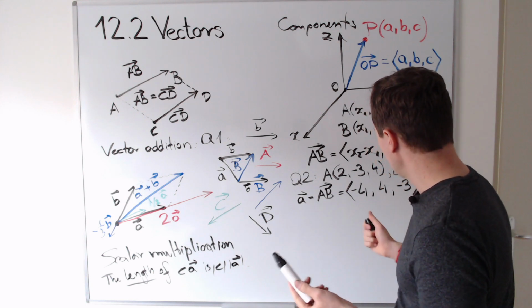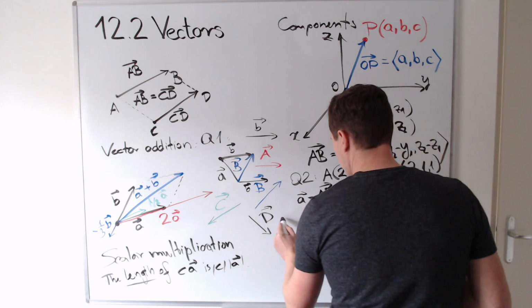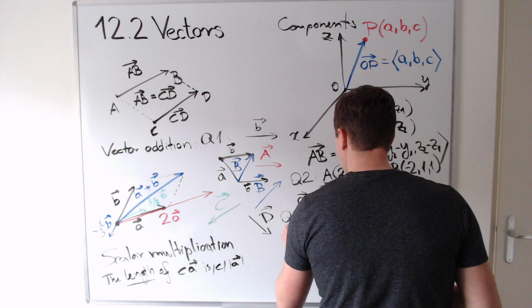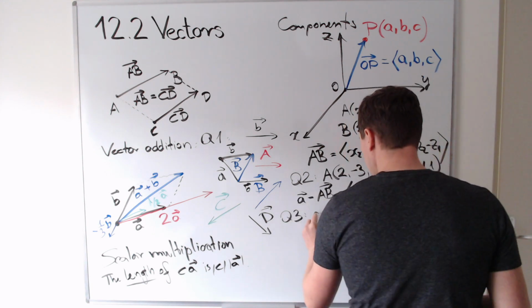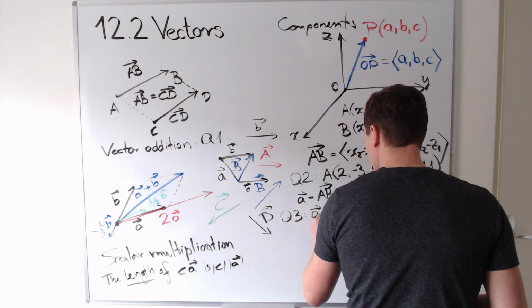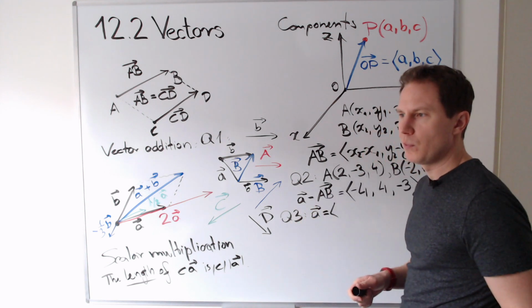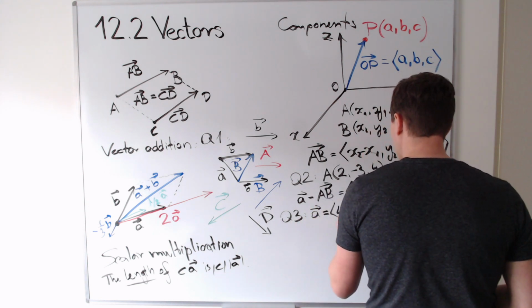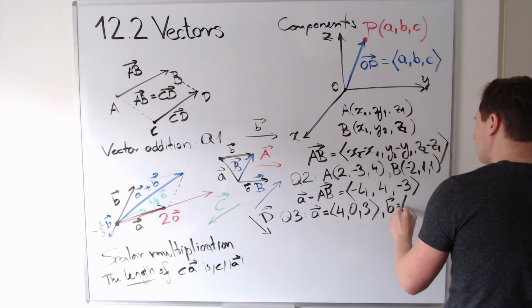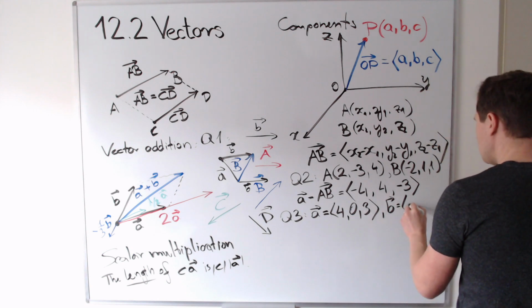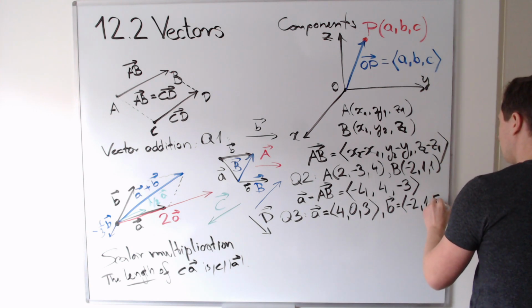All right, so now for my next question, let's just use components and practice a bit more. I'll give you two vectors with components. Vector A has the components 4, 0, and 3, and vector B has the components -2, 1, and 5.